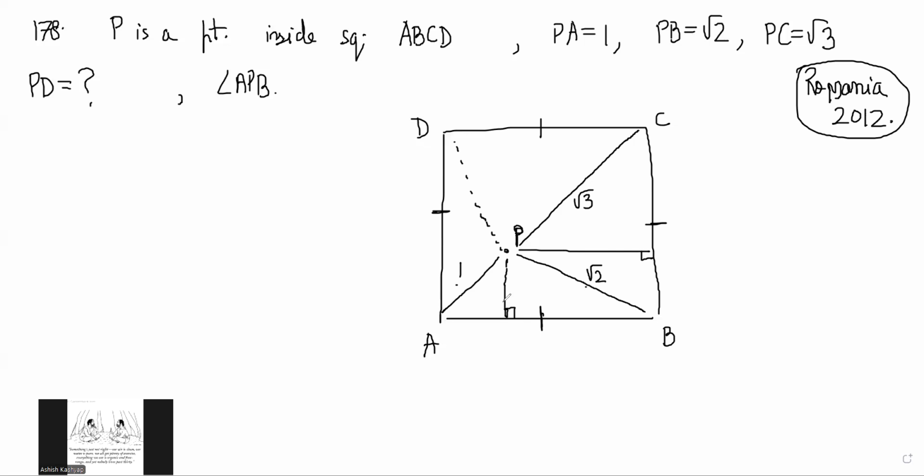Let's call this M and this N. Now we can say that PB square minus PA square is equal to PB square minus PA square I'm writing, and PB square by Pythagoras theorem is PM square plus MB square, and PA square is PM square plus MA square, right?